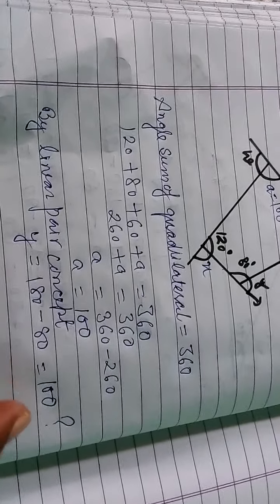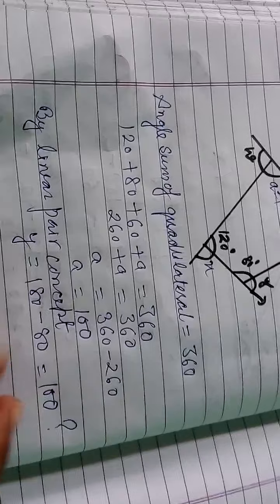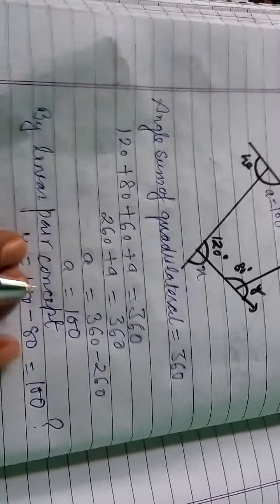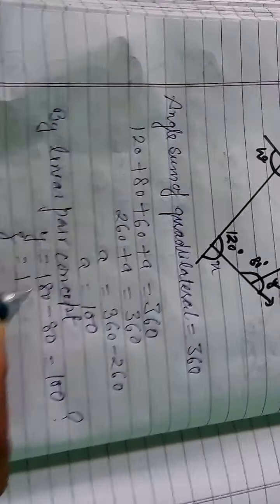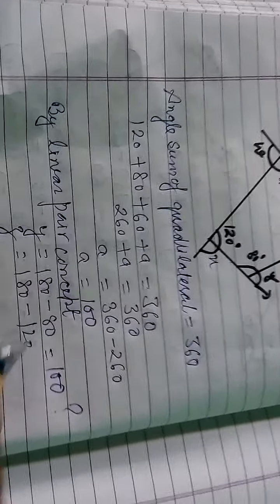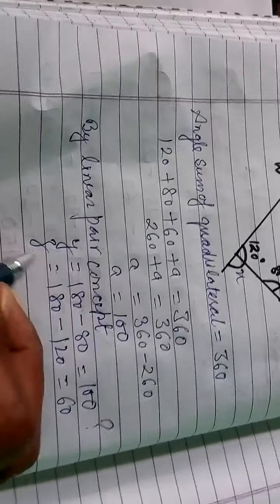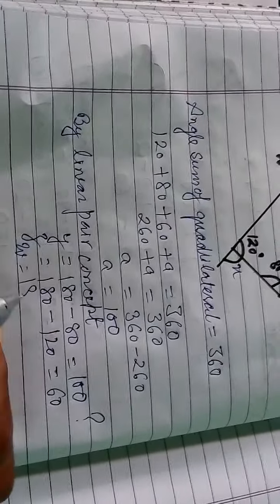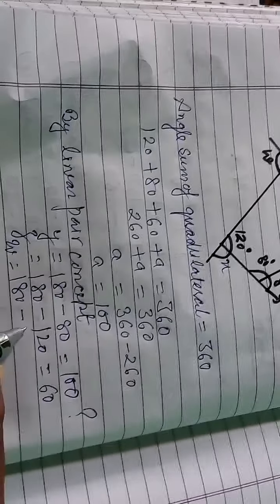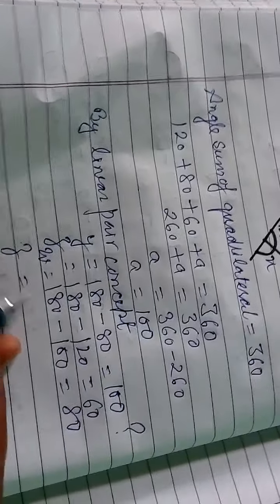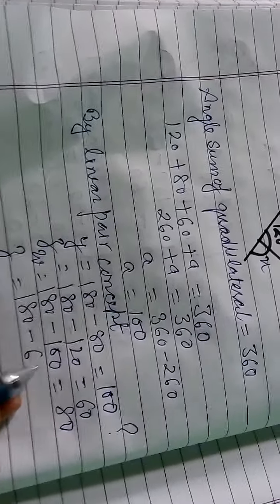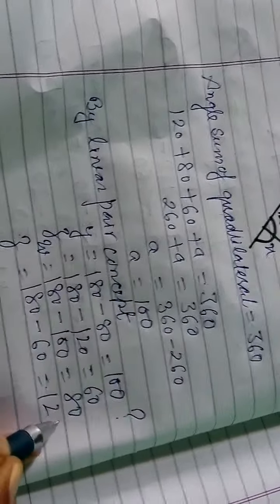Try to understand it very clearly from the previous question and the previous part too. Now again, Z will be equal to 180 minus 120, which is equal to 60 degrees, and W is equal to 180 minus 100, which is equal to 80, and Z is equal to 180 minus 60, which is equal to 120.